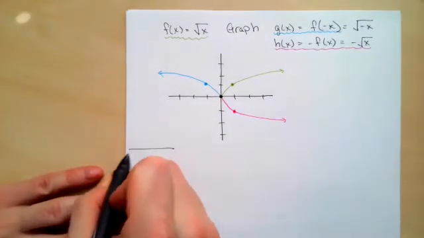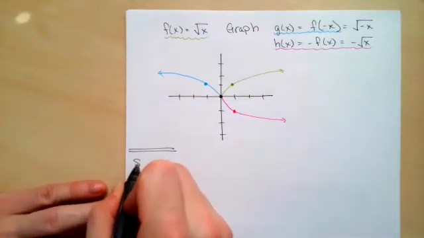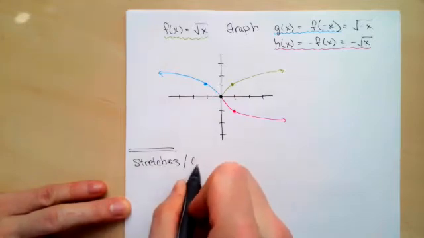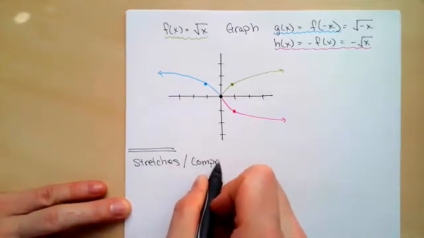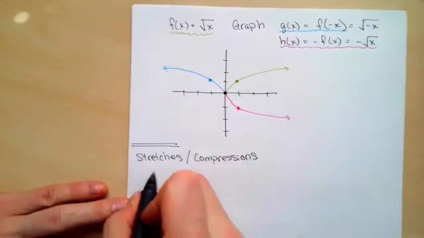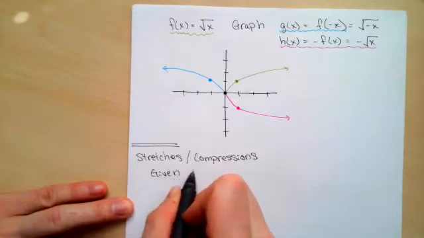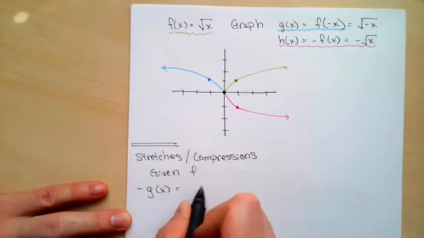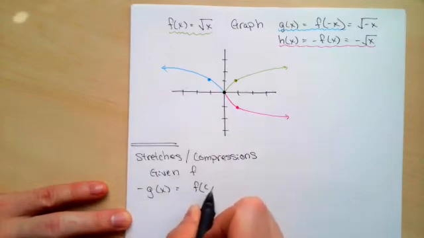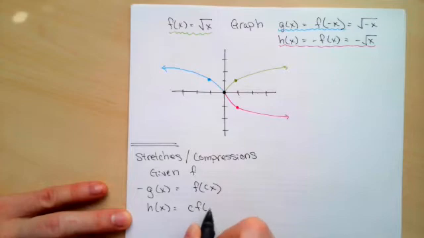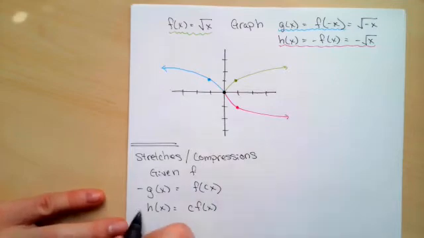Our last things we can do are stretches and compressions. Given a function f, this is when we have a scaling factor, a scaling constant c, either inside the argument or outside the argument.